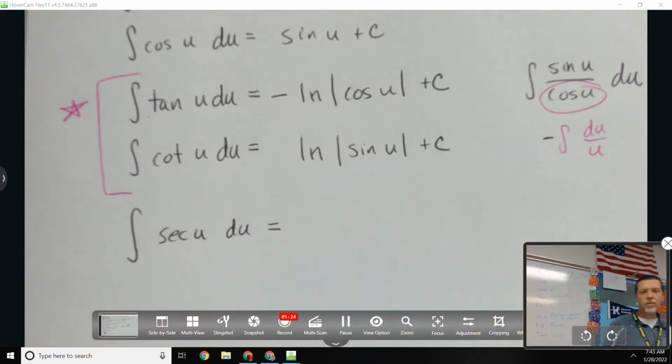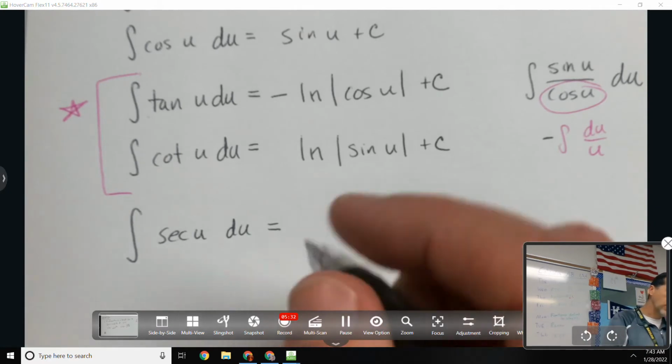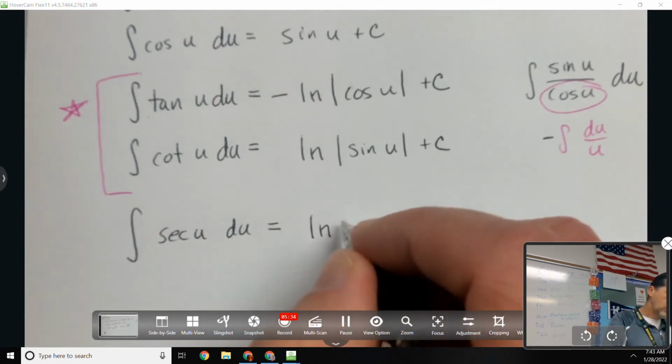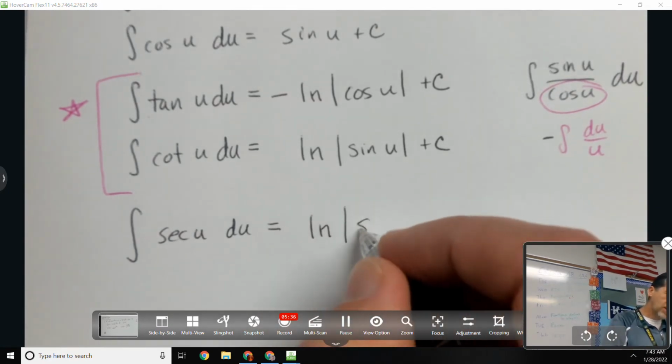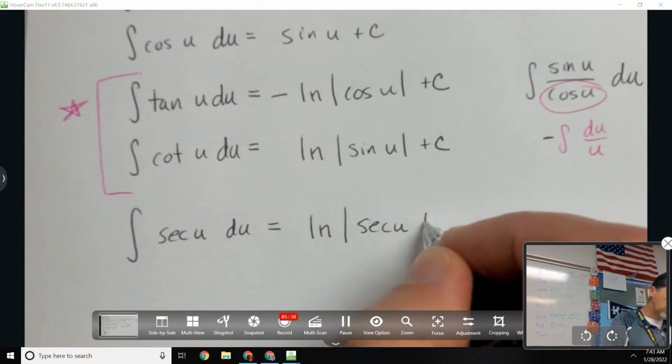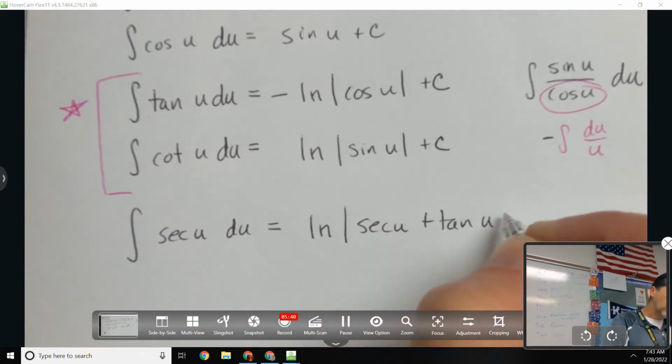All right, now this one really is more like straight up memorized because you can figure it out, but it takes a lot longer and it's a lot more work. This one is the natural log of secant of u plus tangent of u.